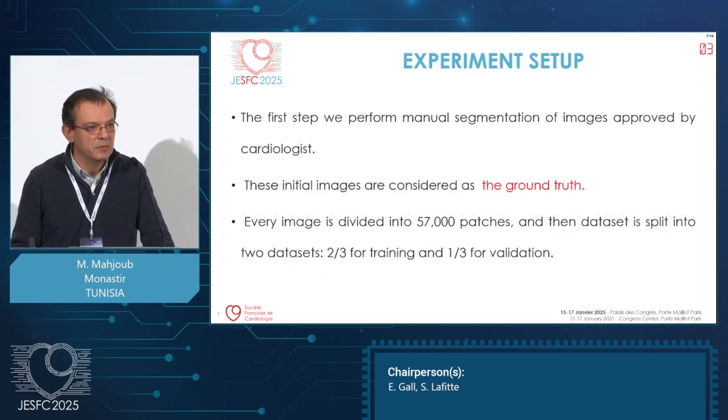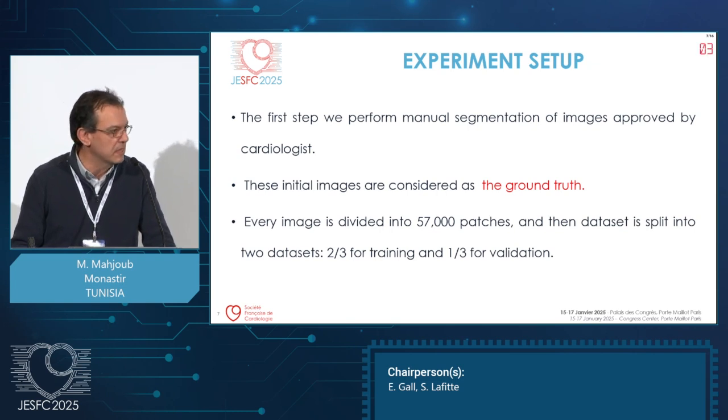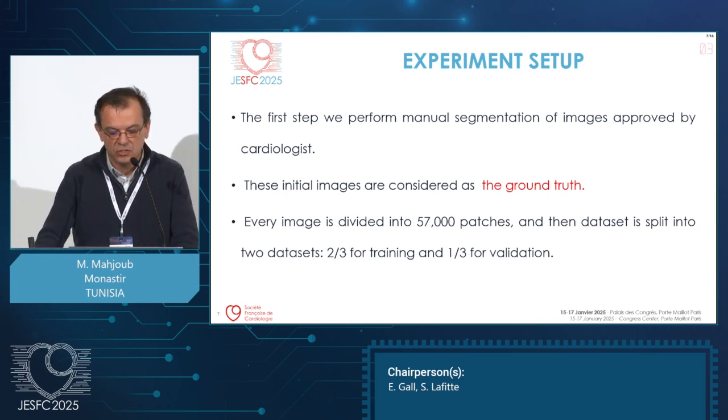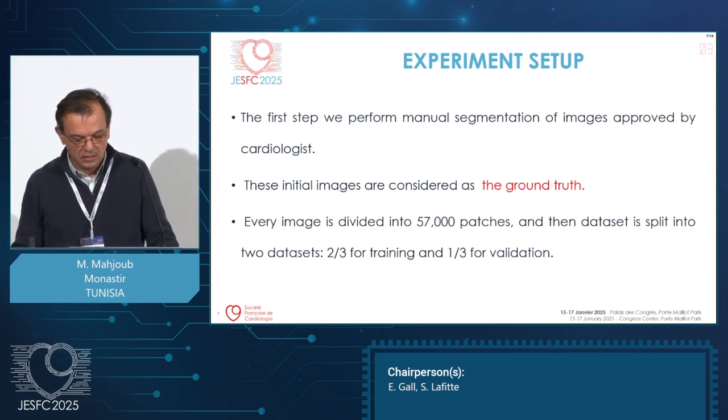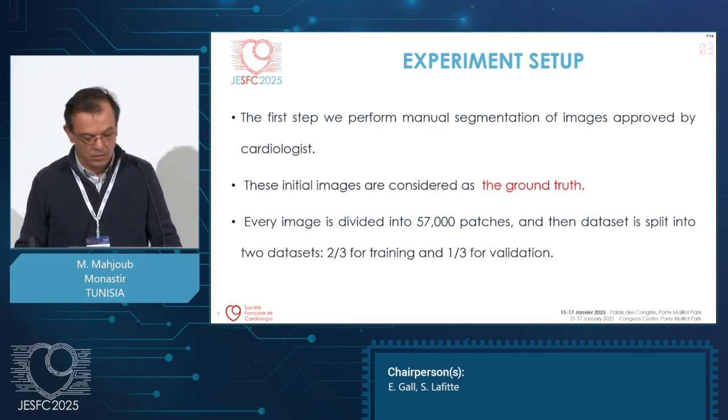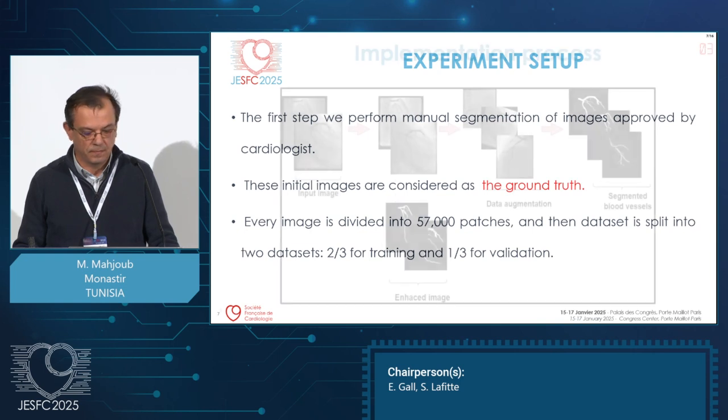As experiment setup, the first step is a manual segmentation that was done in collaboration with cardiologists and computer science engineers. The initial images are considered as the ground truth. Every image is divided into 5,000 patches, and then the dataset is split into two sets, 2/3 for training and 1/3 for validation.